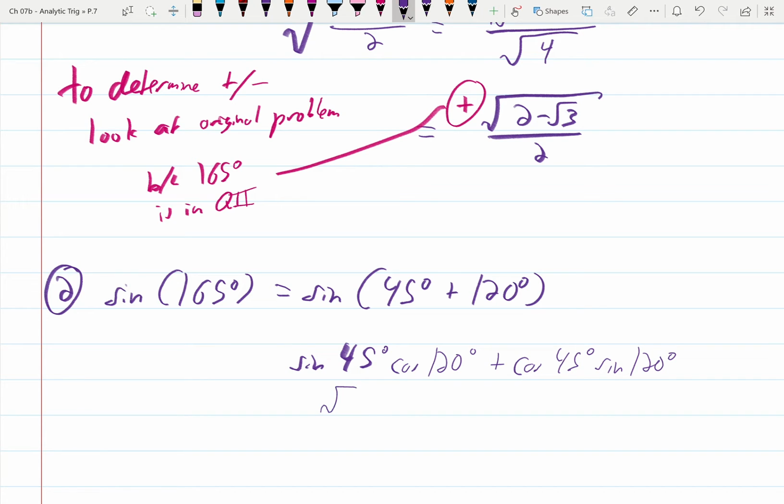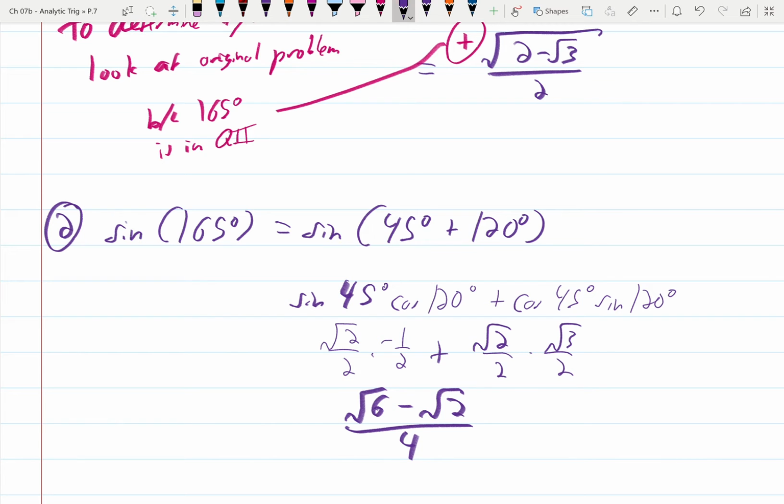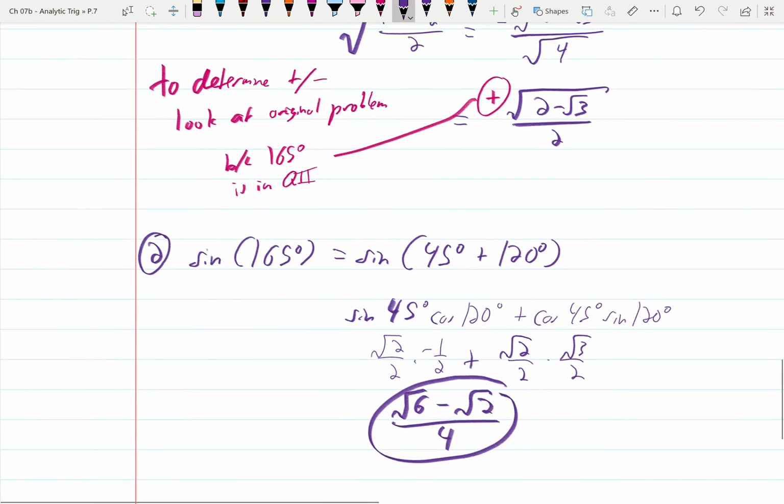The sine of 45 is root 2 over 2. The cosine of 120 degrees is a 60-degree angle in quadrant 2, so that's negative a half. Cosine of 45 is root 2 over 2, and the sine of 120 is root 3 over 2. If I simplify it a little bit, I get root 6 minus root 2 over 4. So which is correct?